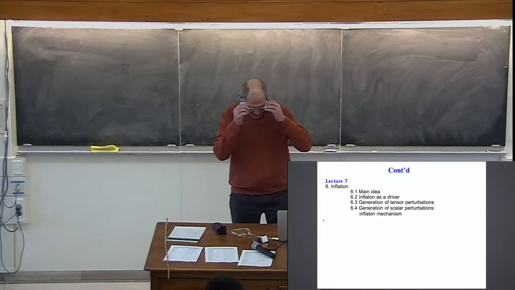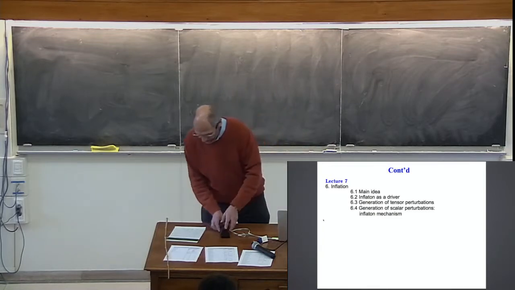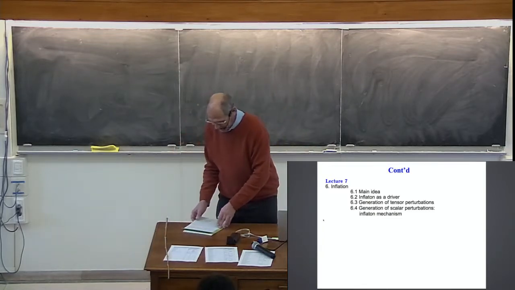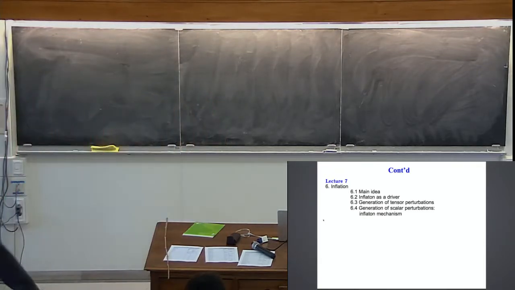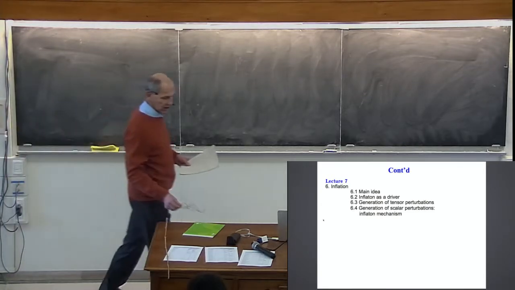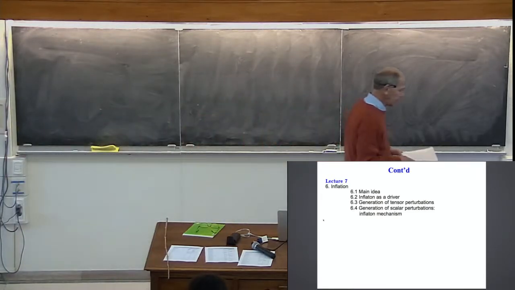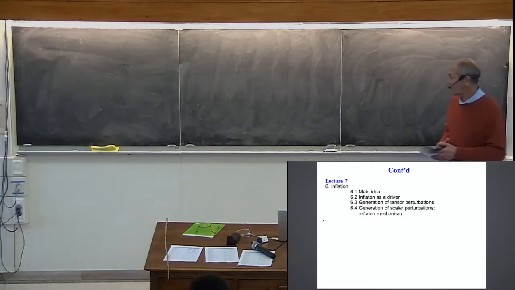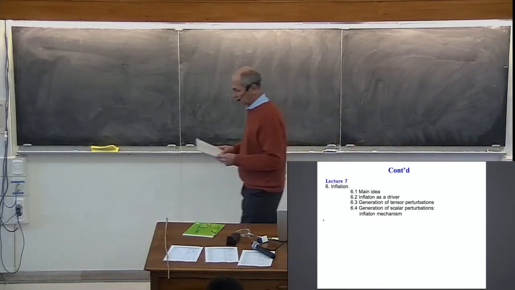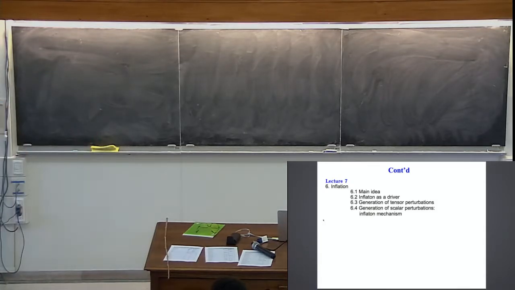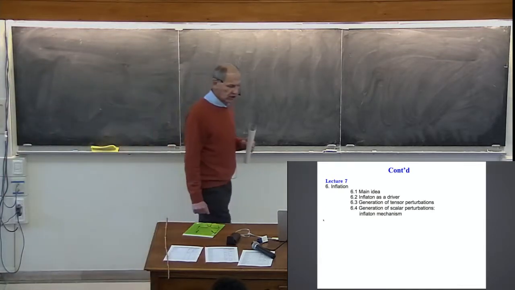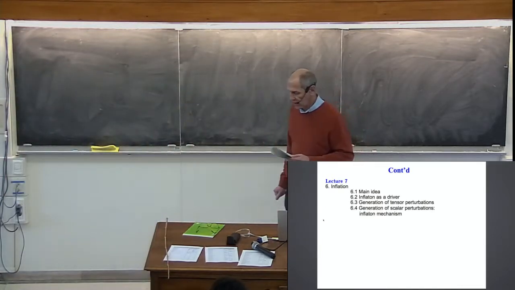So anyway, what's inflation about? We have decided that we need some period of time at which the perturbations in the universe have been created, and this period of time should be long enough so that the entire visible universe is now within one causally connected region.